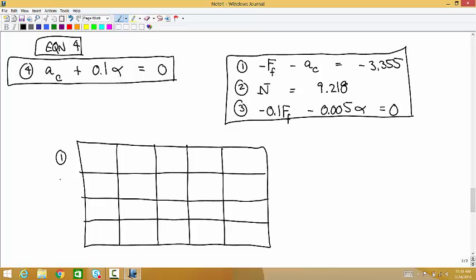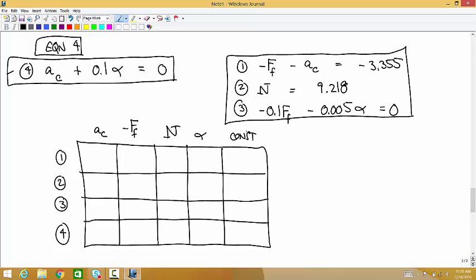So here's equation 1, 2, 3, 4. And for variables, let's go AC, negative force of friction, and alpha.